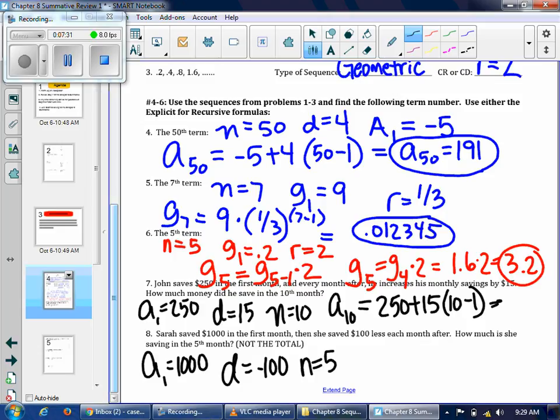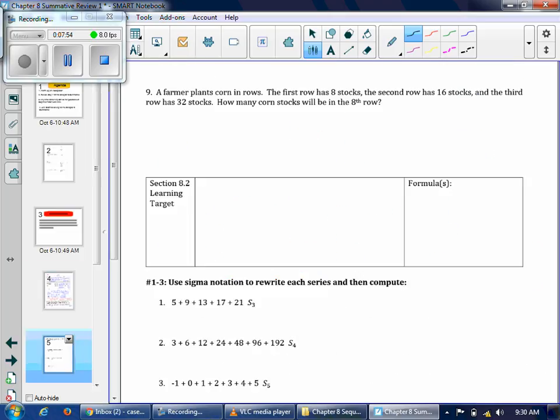And now you can set up your formula. She will end up with $600 that month that she saves. Okay, let's go ahead and go to number 9, and that's the end of this first section.